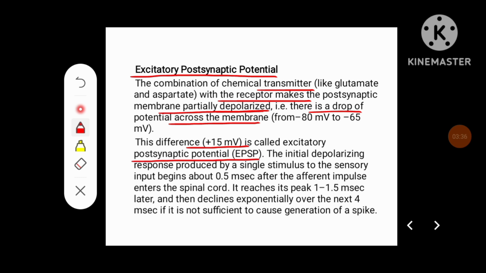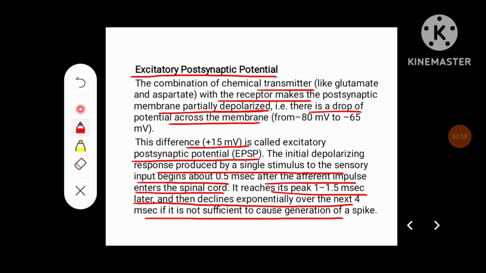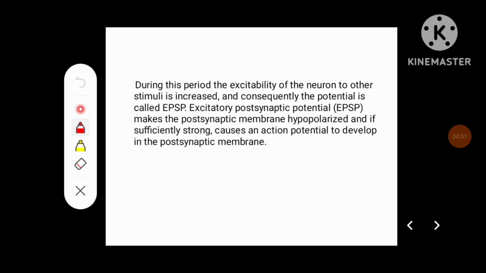The initial depolarizing response produced by a single stimulus to the sensory input begins at 0.5 milliseconds after the afferent impulse enters the spinal cord, and then it reaches its peak at 1 to 1.5 milliseconds later, then declines exponentially over the next 4 milliseconds if not sufficient to cause generation of the spike.